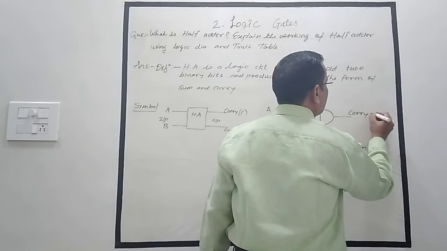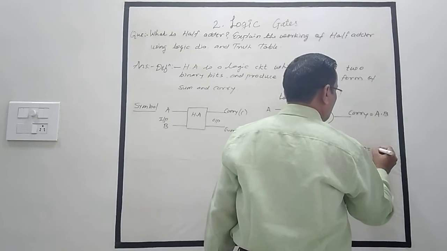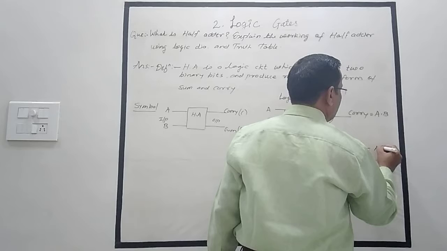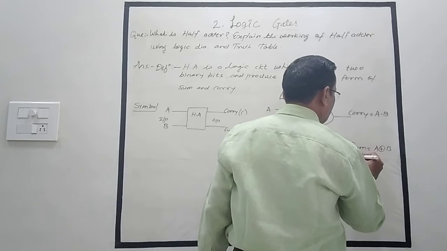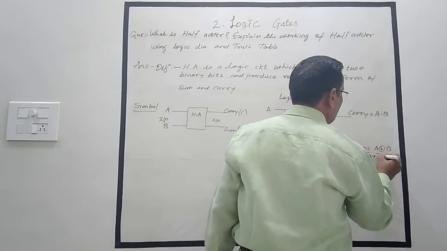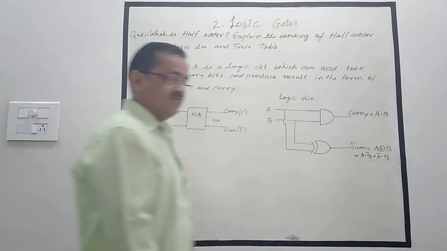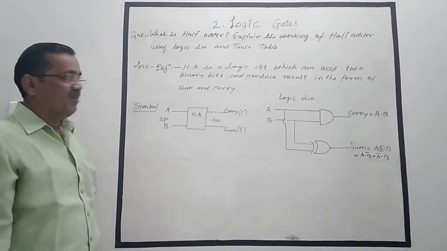So carry is equal to A dot B and sum is equal to A XOR B. What is the expansion of A XOR B? A dot B complement plus A complement dot B. This is the logic diagram of half adder.